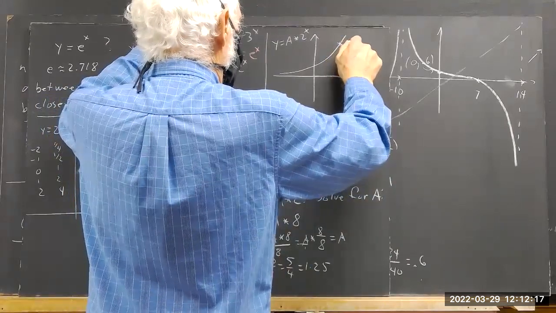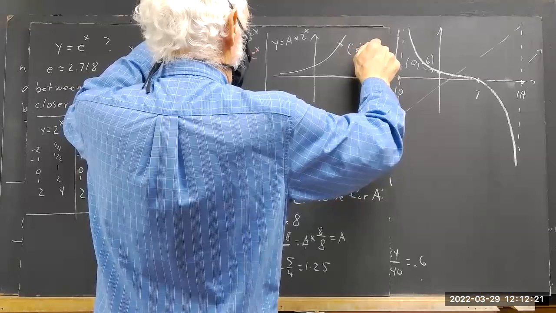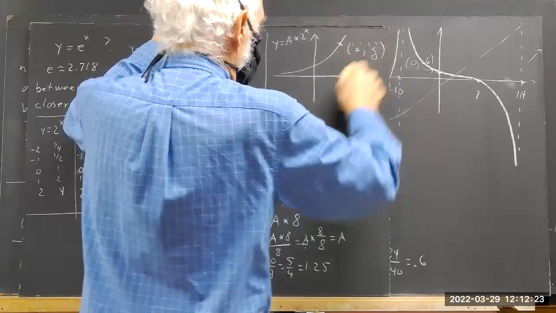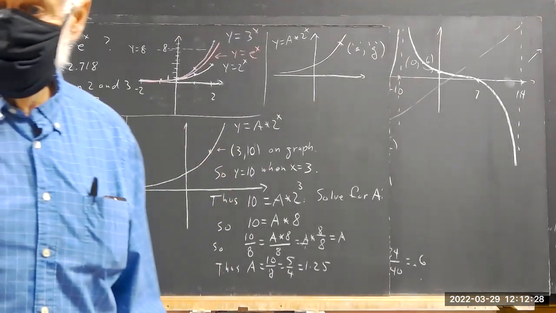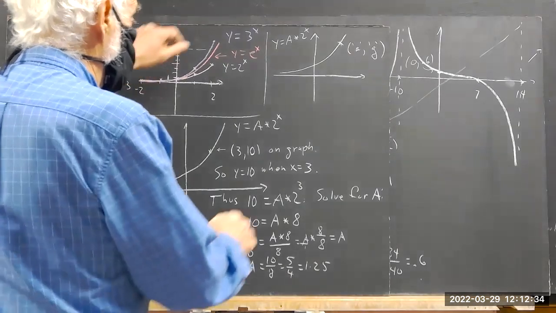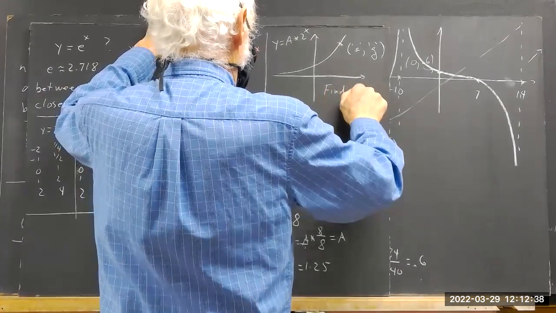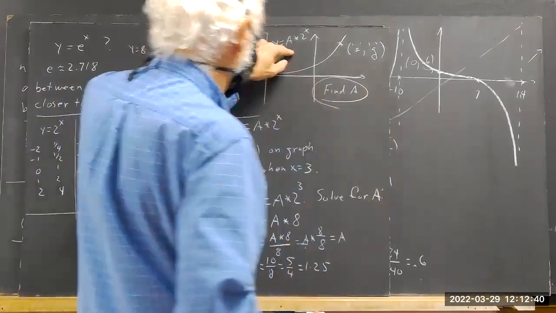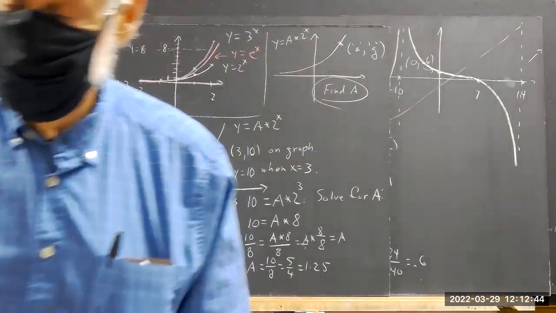You have on that graph the point a and b, or your a and g numbers, okay? So find a. a is the vertical stretch that you would use on the 2 to the x graph.